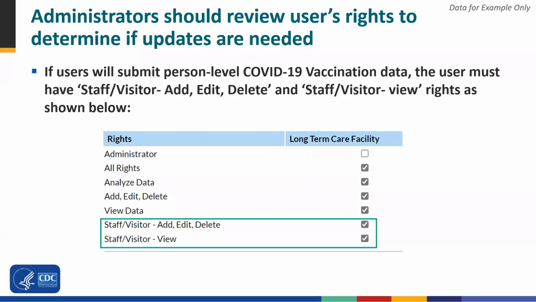So if you normally access the person-level staff vaccination data and you're currently unable to see it, this would be why. So you'll need to make sure that you have someone in your facility with administrator rights. So that could either be the facility administrator or someone else in the facility with this administrator box checked. They will have to go in and check these bottom two boxes for you.